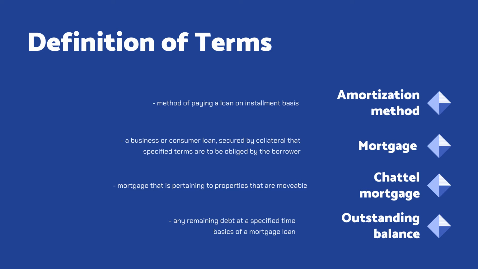It means a business or consumer loan, which is usually secured by collateral, that specified terms are to be obliged by the borrower. We have chattel mortgage. It is a mortgage pertaining to properties that are movable. And lastly, in this slide, we have outstanding balance. Any remaining debt at the specified time, basics of a mortgage loan.